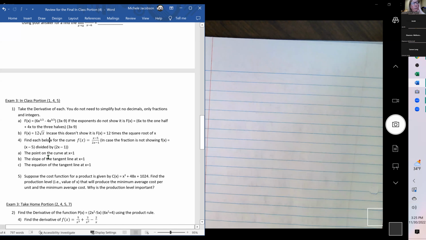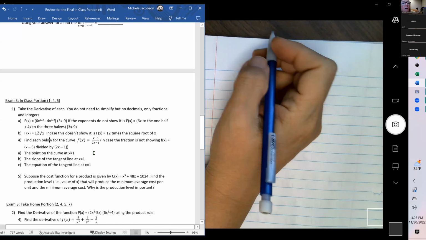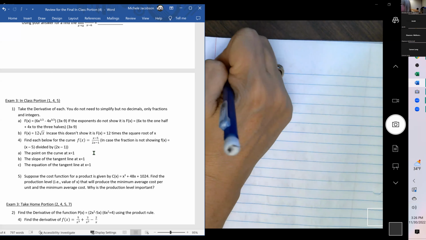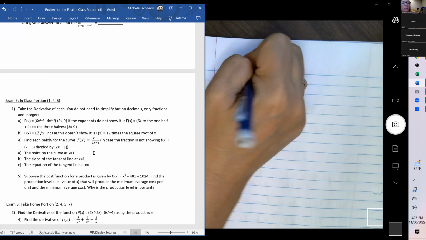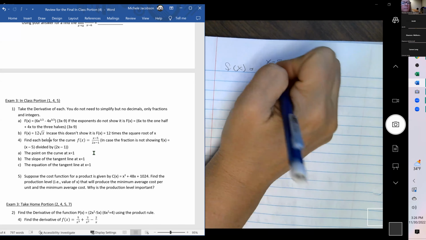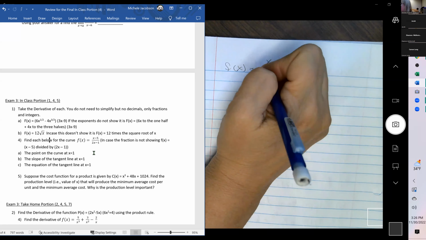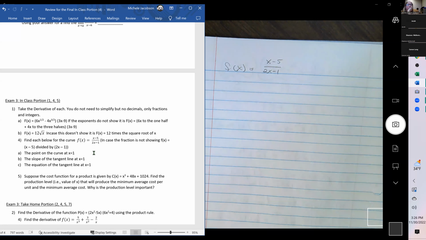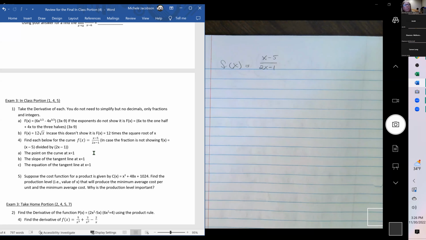Okay, we will do it again just to get practice. Number 4. Find the point on the curve at x equals 1.